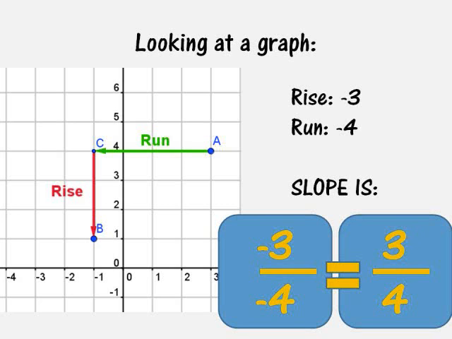Then if we count our run, we count back 4 units to the left. That means our run value is -4. Putting it into a fraction of rise over run, our rise is -3 and our run is -4. Remember again, a negative over a negative gives us a positive, so our slope is simply 3/4.